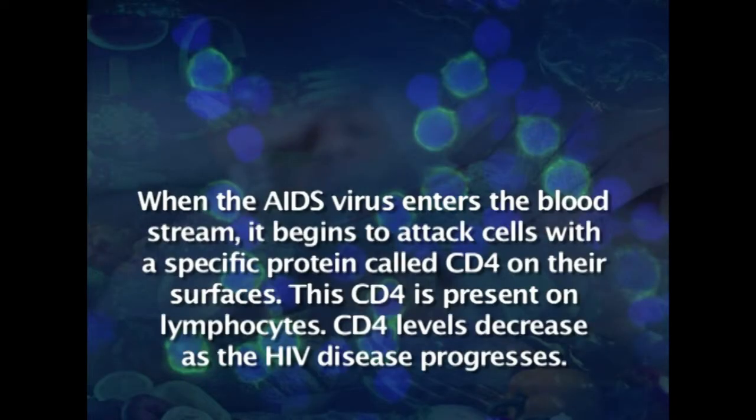When the AIDS virus enters the bloodstream, it begins to attack cells with a specific protein called CD4 on their surfaces. This CD4 is present on lymphocytes and CD4 levels decrease as the HIV disease progresses. Loss of CD4 function leaves an individual susceptible to infections and certain cancers.